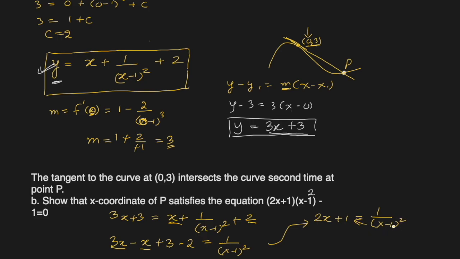This (x minus 1) squared will multiply with this, and we are close to what they wanted us to show, equal to 1. And if I bring this 1 to the left side, we get exactly what they want: (2x plus 1)(x minus 1) squared minus 1 equals 0. We showed what they wanted us to do.